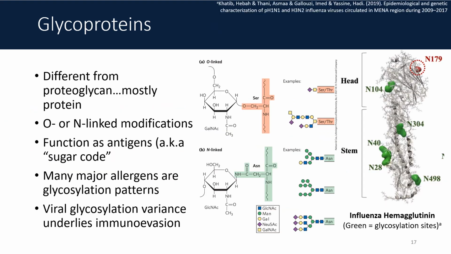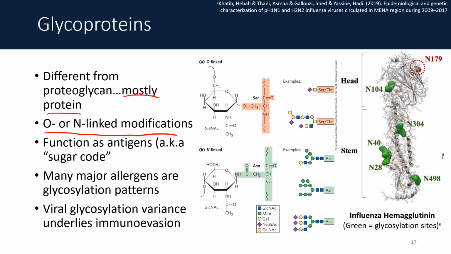Now, this is a distinction that's easy to mix up. Proteoglycan or peptidoglycan is mostly carbohydrate, with a little bit of protein included to help stabilize it. Glycoproteins, on the other hand, are mostly protein, with a little bit of carbohydrate there for decoration. And biology has learned to attach these glycosyl groups through O or N linked modifications.